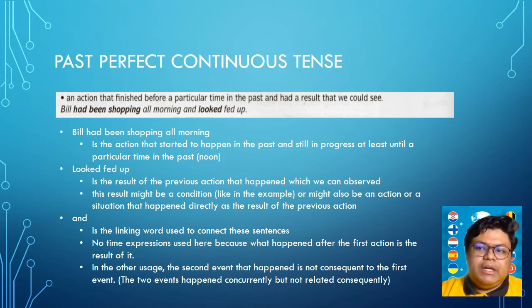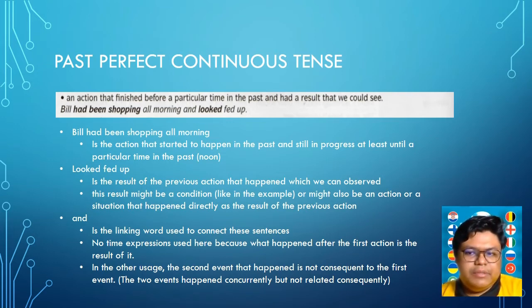Cuma in the third usage here, the second event happens as a result. Berlaku sebagai hasil kepada first action tadi. So first action dia berlaku macam ni, so sebab tu berlakunya second action tu. So I hope you understand that. Okay, let's move on.